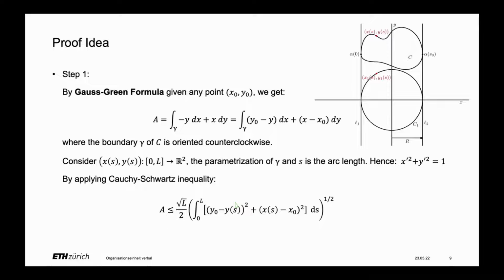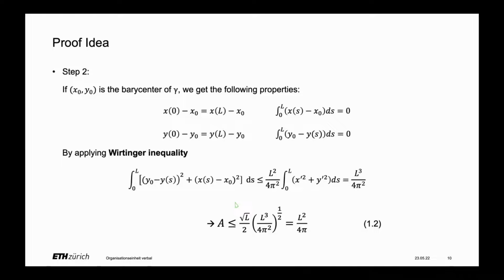Now let's have a look at how we can choose x0 and y0, a little trick. We take x0 and y0 as the barycenter of gamma, exactly in the center of our figure. Afterwards we have the following properties: x at point 0 minus x0 is equal to x at point L minus x0, and the integral from 0 to L of (x(s) minus x0) ds is equal to 0.